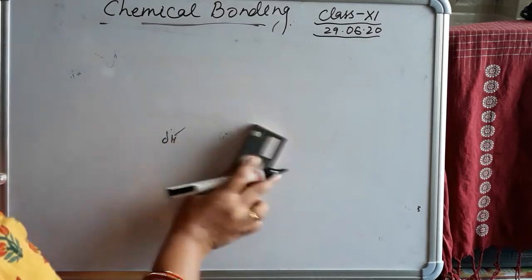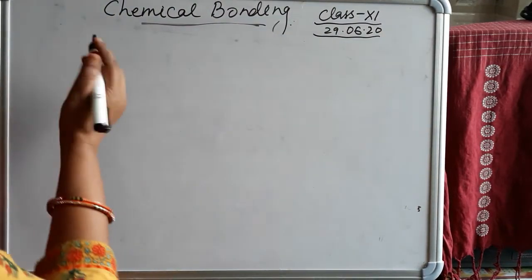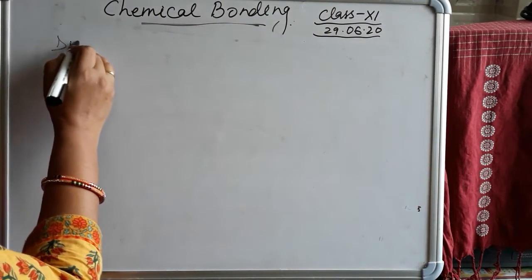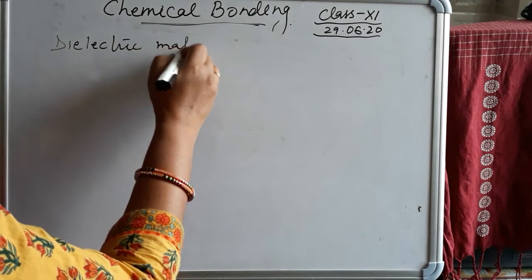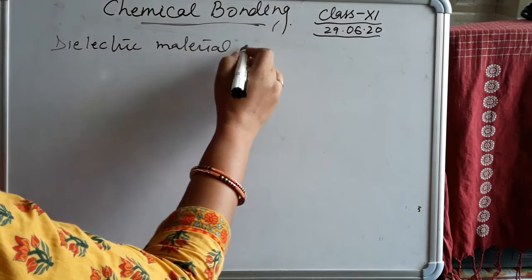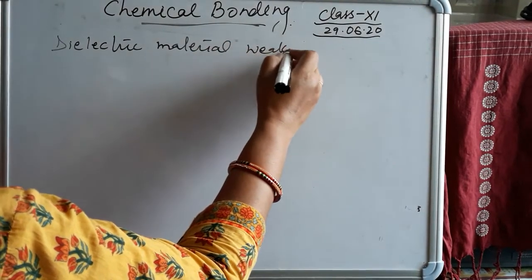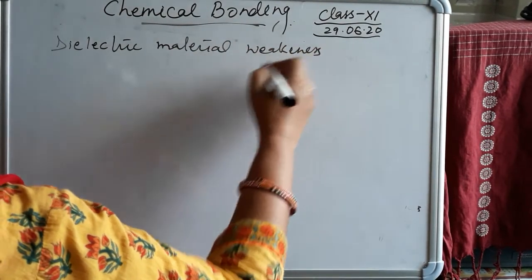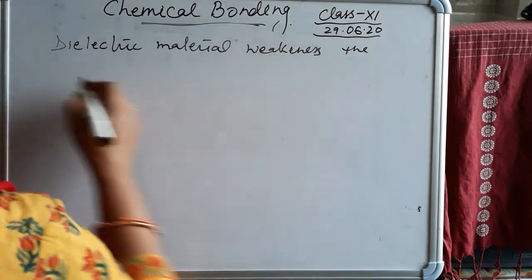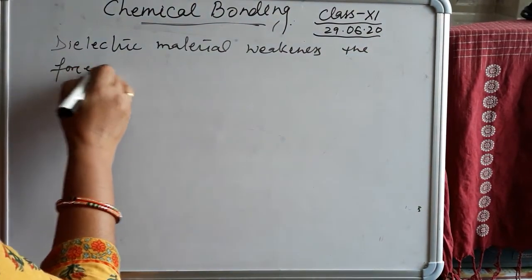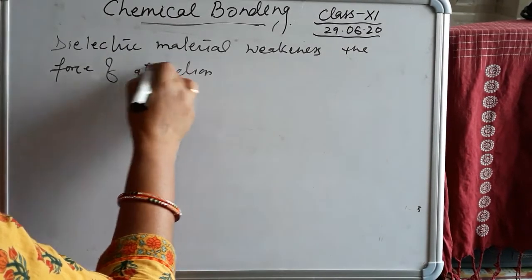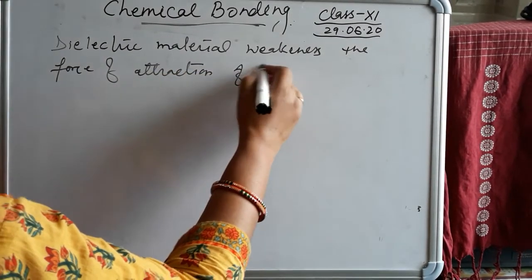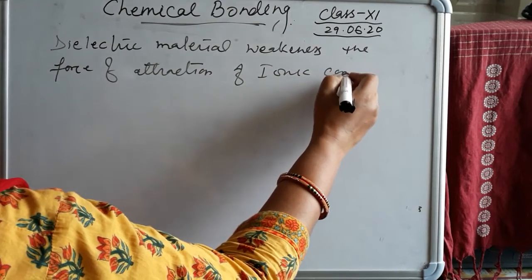What is dielectric constant? Simply, a dielectric material weakens the force of attraction of an ionic compound.